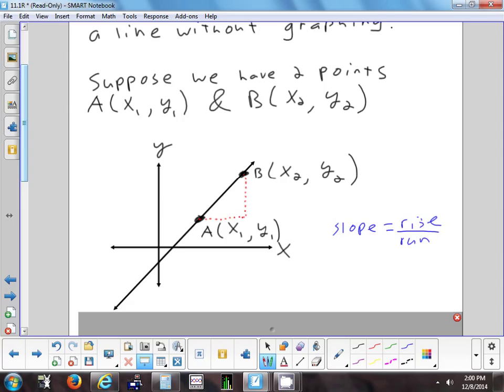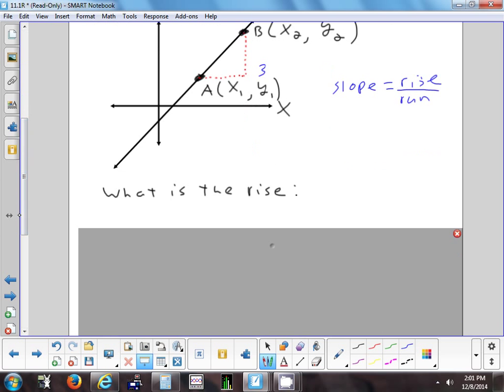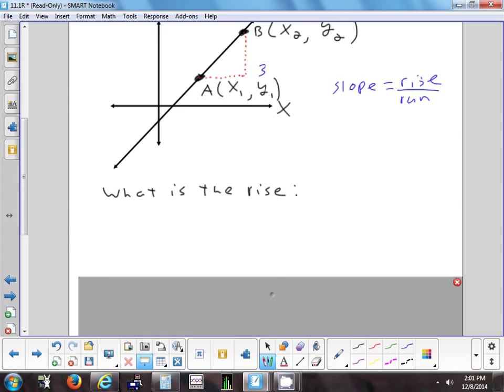Exactly. That's exactly what we're going to do here. Let's say this y value was a 9, and this y value down here was a 3. What's the difference between 9 and 3? 6. So that would tell us that the rise here would be 6. And how'd you get that again? You subtracted. So that's exactly what we're going to do to find the rise.